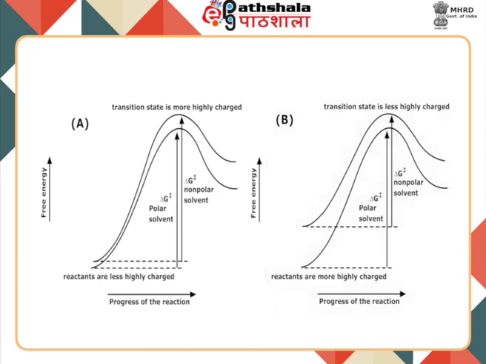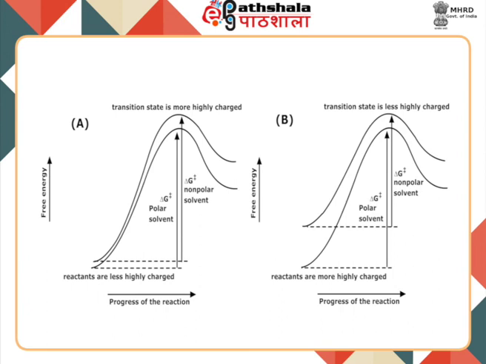For the SN2 mechanism, polar solvents stabilize the reactants more than the transition state, as the charge is more dispersed in the transition state. Therefore, polar solvents slightly decrease the rate of SN2 reactions.